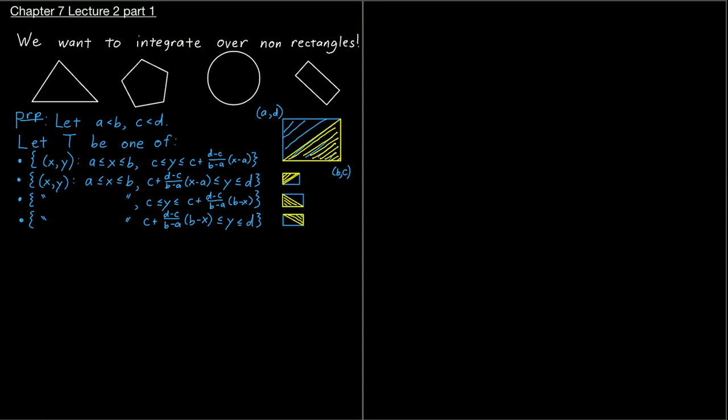And the conclusion we want to draw is that you can integrate any continuous function. Any continuous function is integrable over this triangle, and a function whose domain is the triangle and whose range is the real numbers can be integrated. But the way we've defined integration, it really wants to be done in rectangles.